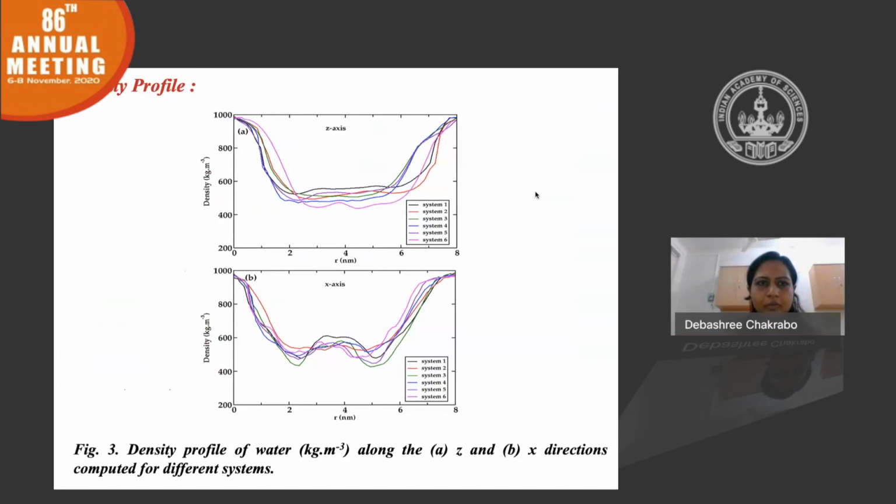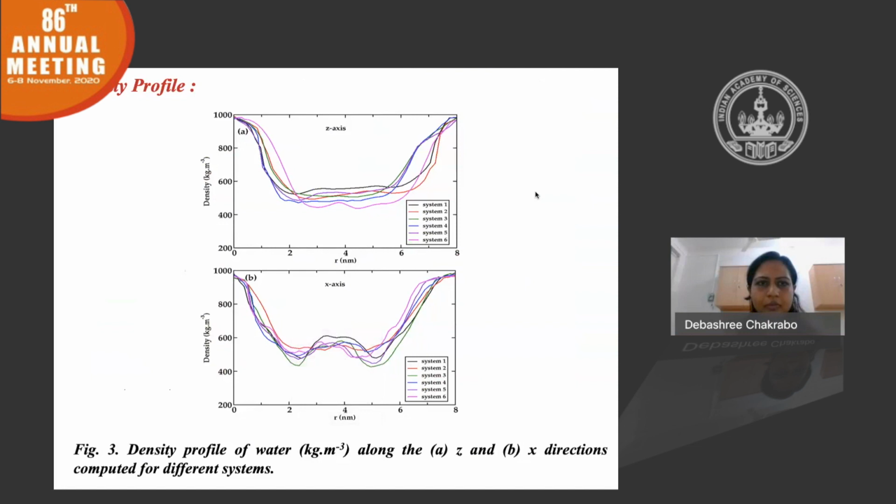So here also you will find that for the charged system, these peaks are more pronounced compared to the neutral analogs, which is obviously because inside the charged analog you have some ions trapped inside. So the water will like to make more bonds with the ions, and so inside the pore the water density increases.